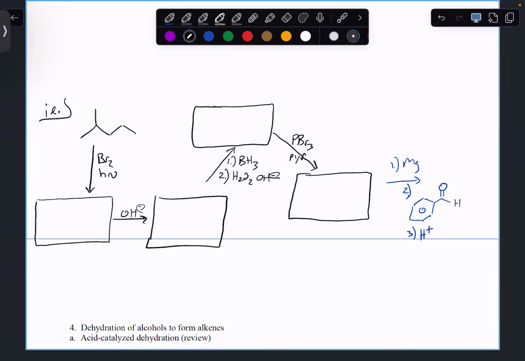Well, you're given the reactant. So Br2 light, that is, of course, just photohalogenation. We've been doing that for a couple months now. And that's going to put the bromine, of course, at the most substituted position.